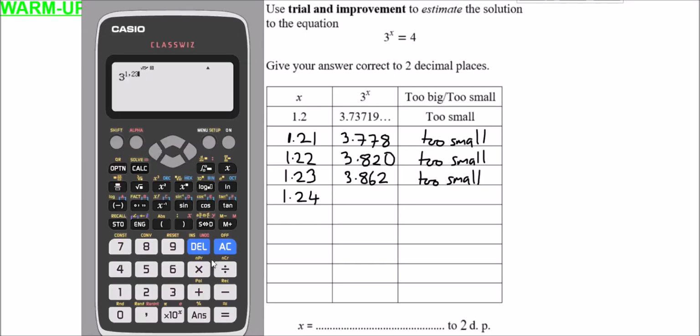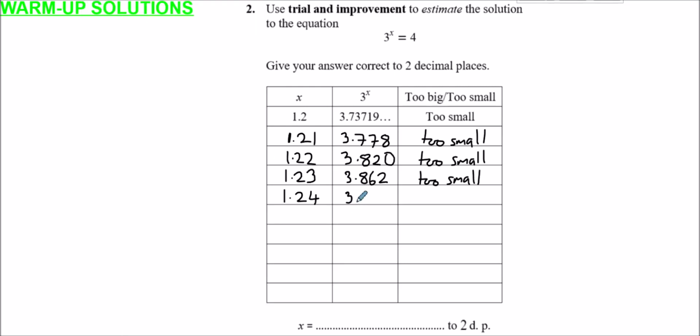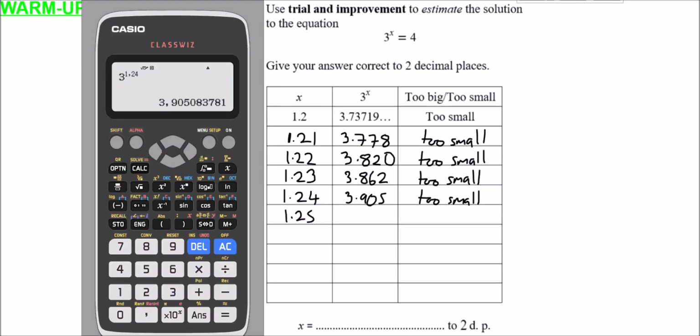Not the most exciting method is trial and improvement, but it does work. 3.905, so we're definitely getting closer. 3.905, still too small. 1.25.